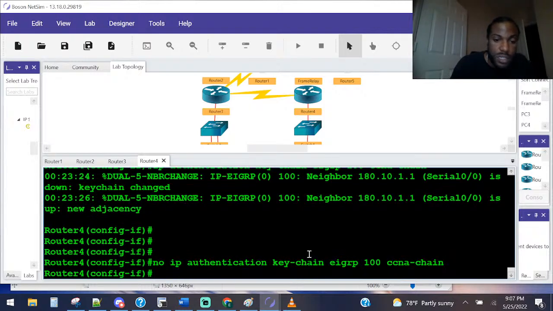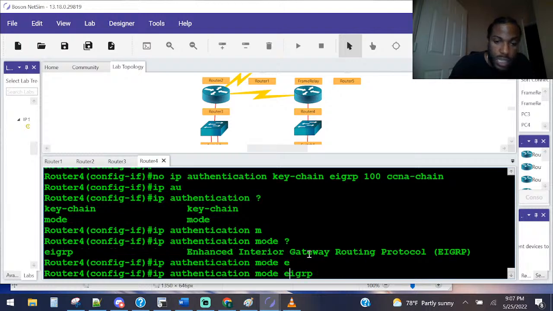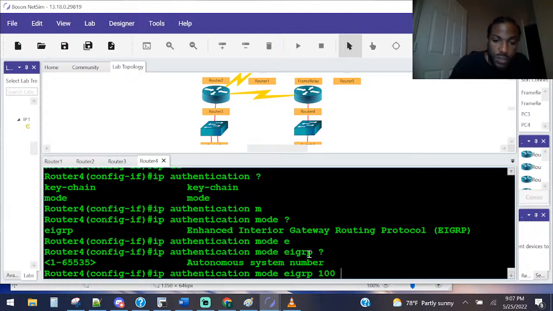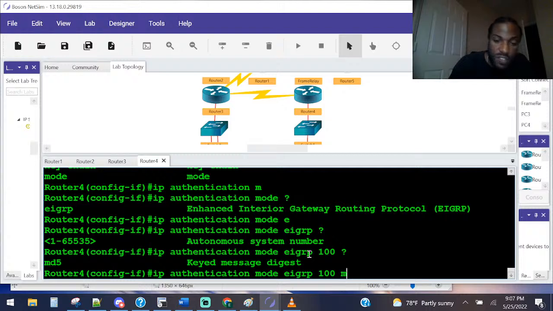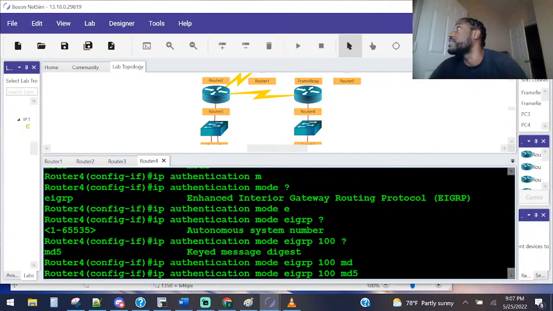Let me get rid of this. IP authentication mode EIGRP 100 MD5. No, they haven't asked us to do all of that just yet. Let's see.